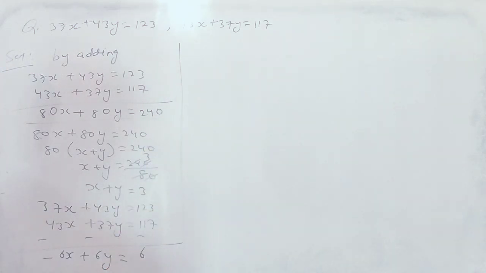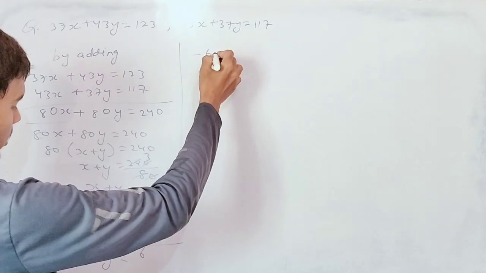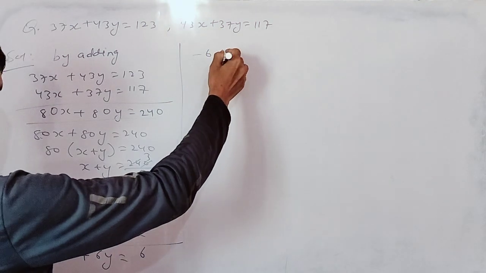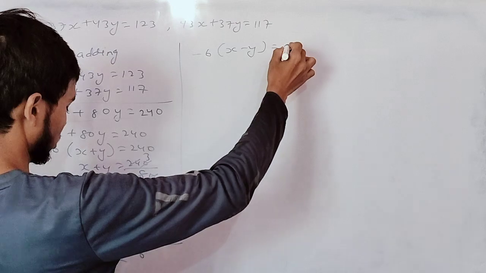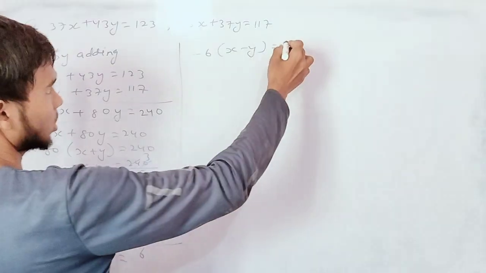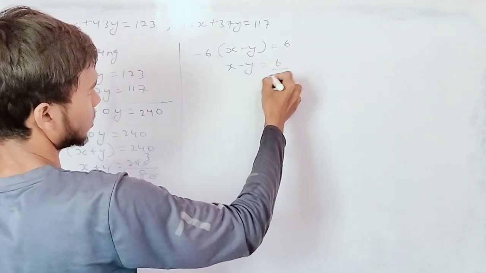Here we can take 6 as common. So minus 6x minus y is equal to 6. x minus y is equal to 6 upon minus 6.